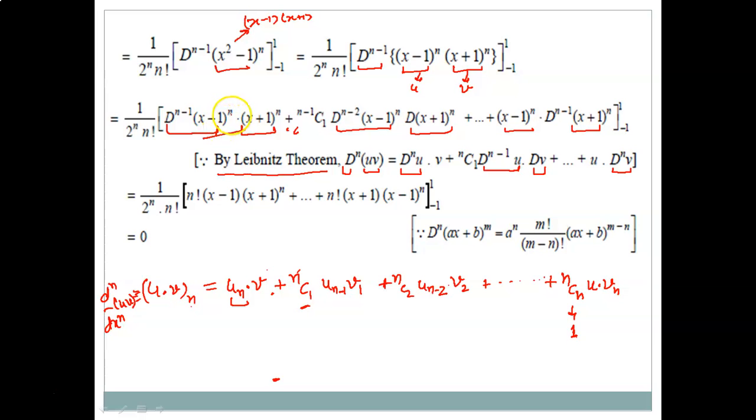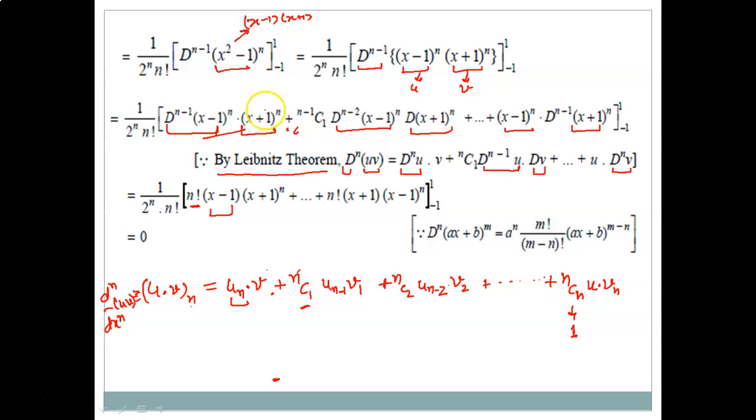When you take the third derivative, it becomes n into n minus 1 into n minus 2 into x minus 1 raised to power n minus 3, and so on. Means you are getting n into n minus 1, n minus 2, and so on up to 1. So that gives you n factorial. And at the n minus 1th derivative, it remains only x minus 1.